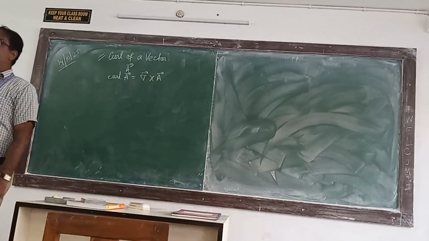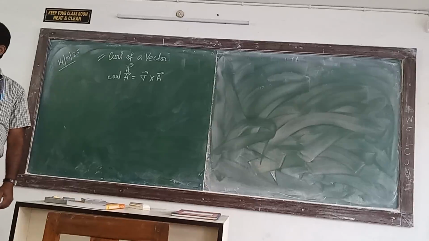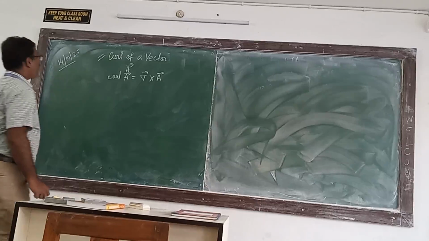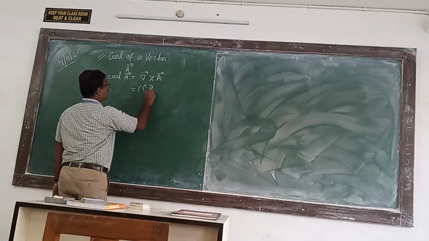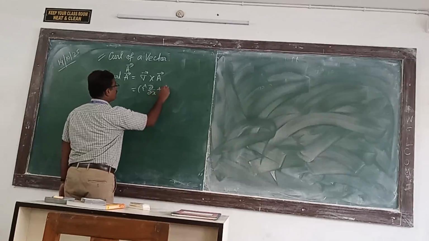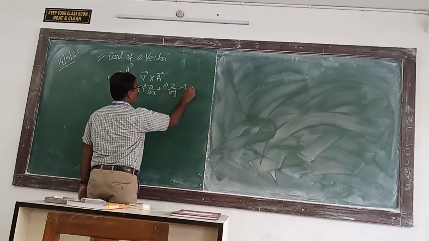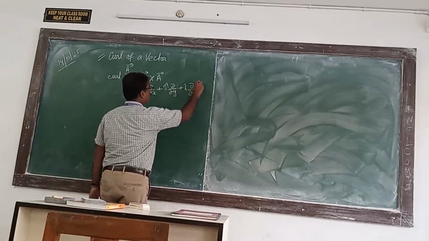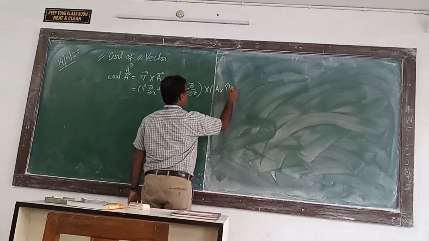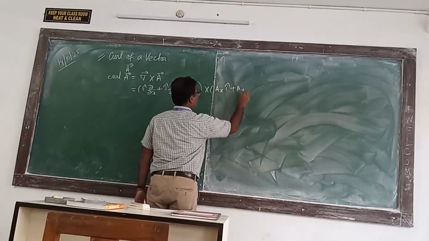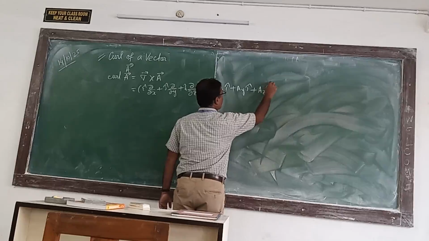The divergence was the dot product, now it is the cross product. So curl of A equals i cap del/del x plus j cap del/del y plus k cap del/del z cross Ax i cap plus Ay j cap plus Az k cap.